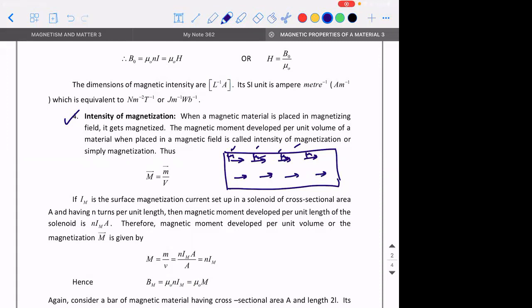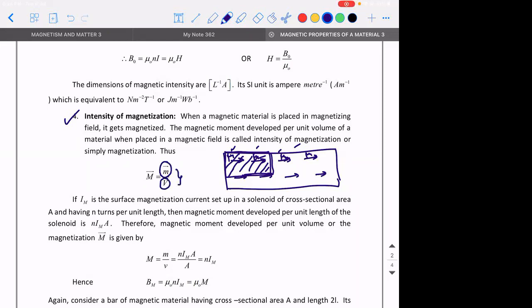If you take a unit volume of that material, basically this will be the shape of a cuboid. From that cuboid, I'm taking a unit volume, and in that unit volume, you calculate the total magnetic dipole moment and divide it by the volume that you have considered.